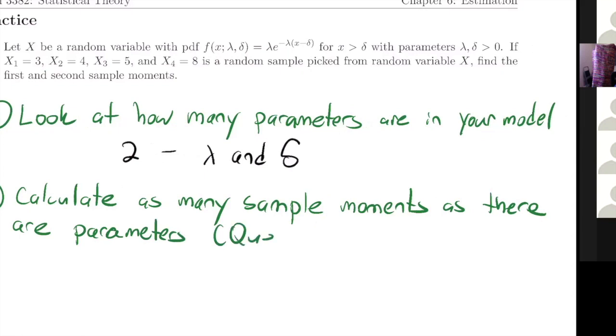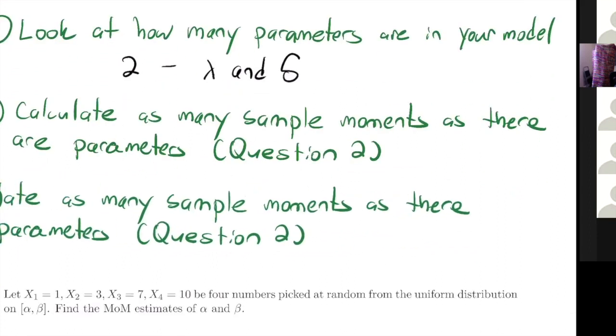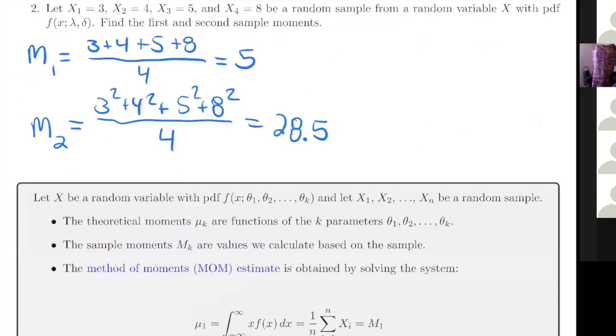And that's what we did in question 2. And then we're also going to calculate the same number of theoretical moments. That was, I think, question 1 that we did.